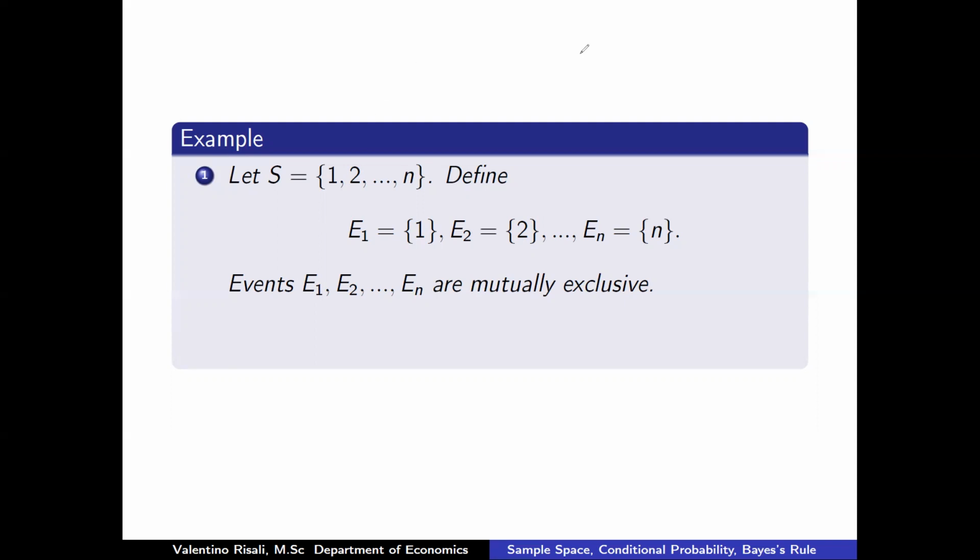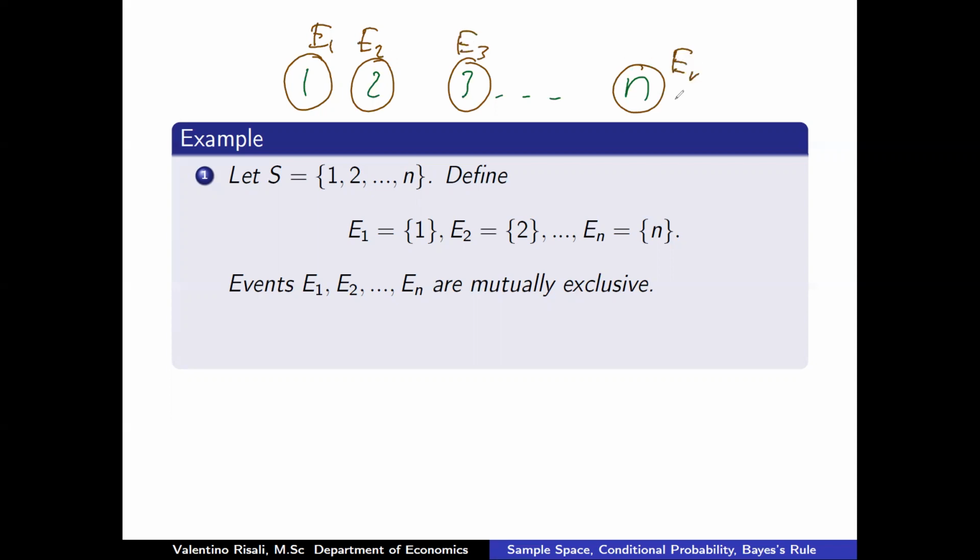Now, for the illustration, 1, 2, 3 until n. This set that we group into circles like this, named E1, E2, E3 until En. From this illustration, we can see that they are mutually exclusive.